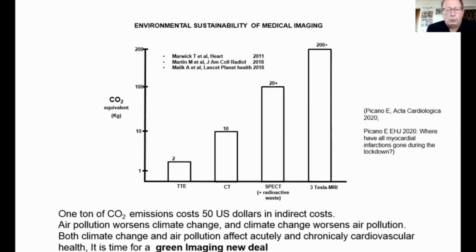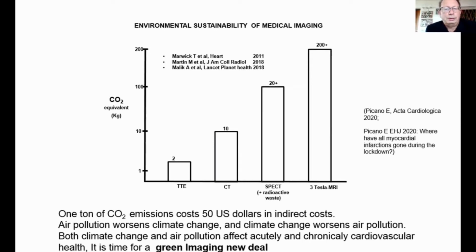First of all, we learned with the dramatic fall of 50% of acute hospital admissions for acute coronary syndrome, atrial fibrillations, and acute heart failure, attributed to the fear of contagion, but most likely, at least in part, due to fall in air pollution.